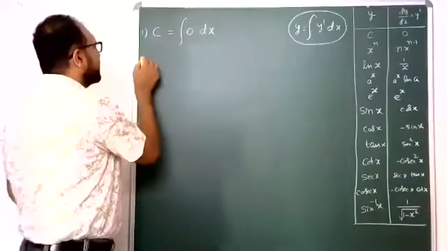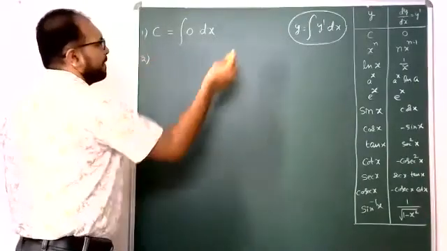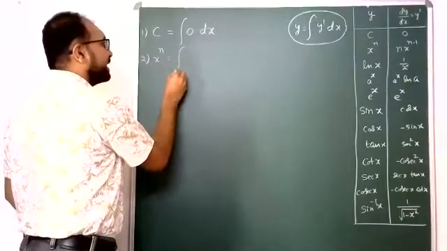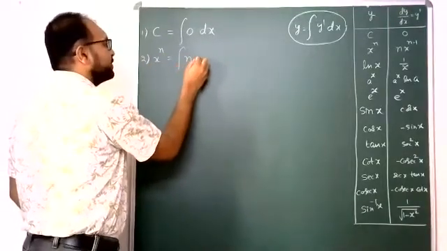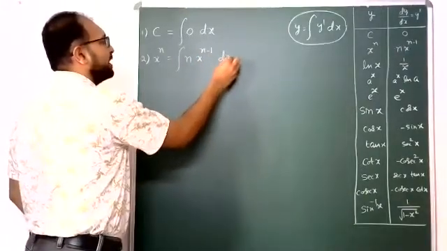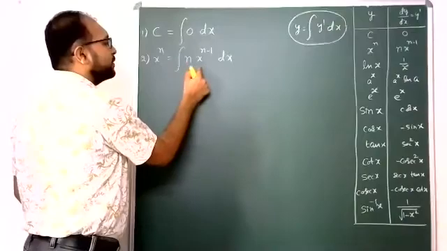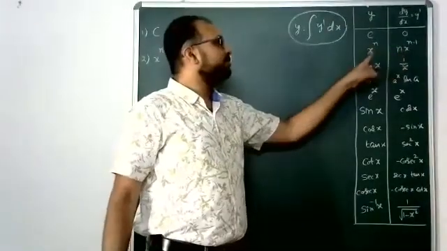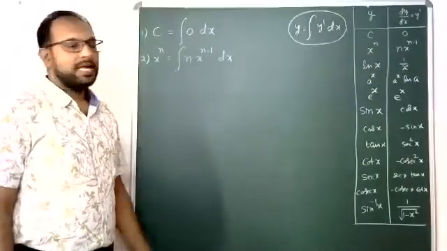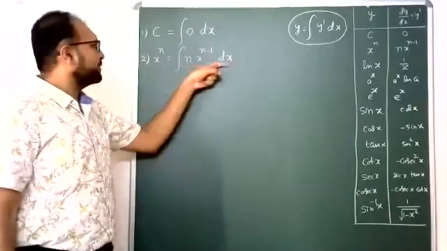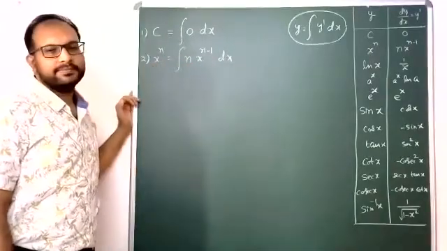Next, number 2. x to the power of n equals integral n into x to the power of n minus 1 into dx. Because n into x to the power of n minus 1 is the derivative of x to the power of n. So that's why integral y prime, meaning this one into dx, equals x to the power of n.